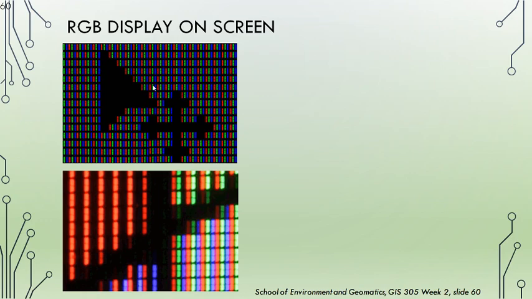And the way that is done, if you were to zoom in with a strong magnifying glass, and I've tried it, it works, what you would see on your screen are these little color elements that are associated with each pixel. So each pixel is actually the repetition of three underlying little signals. One is blue, one is red, and one is green.